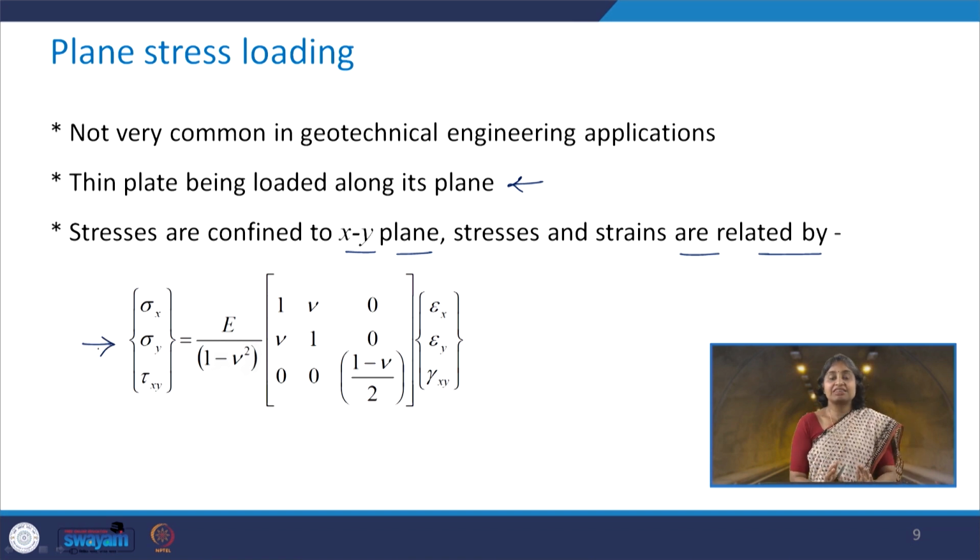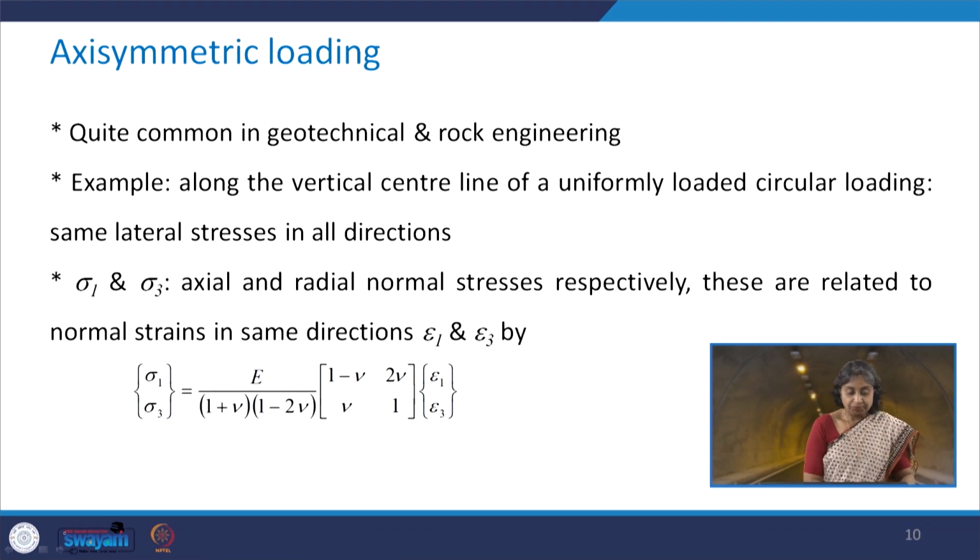You see that this is a bit different from plane strain loading. As geotechnical engineers, we mostly have a plane strain type of situation rather than a plane stress situation.